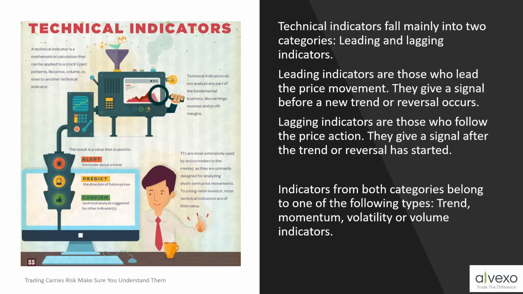They don't care about headlines. They don't care about earnings. They don't care about profit margins or revenue. Technical indicators are most extensively used by active traders in the market, as they are primarily designed for analyzing short-term price movements. Now, they fall into these two general categories: leading and lagging indicators.